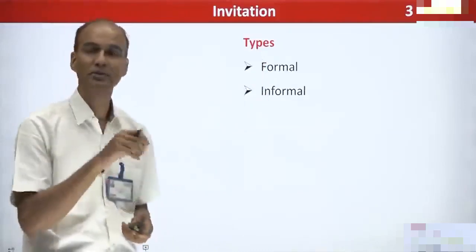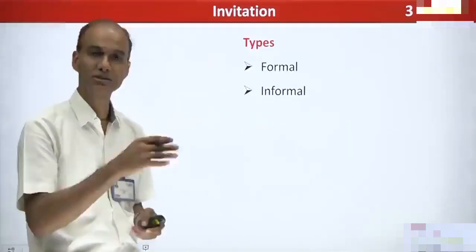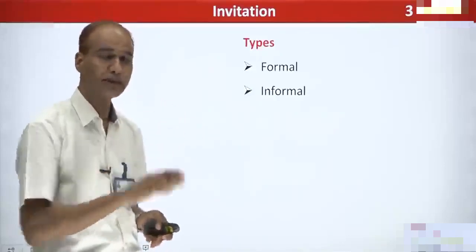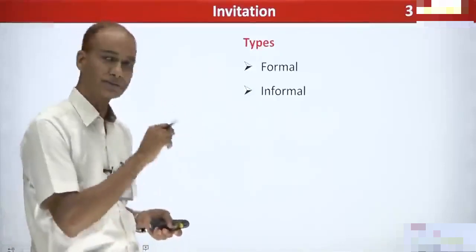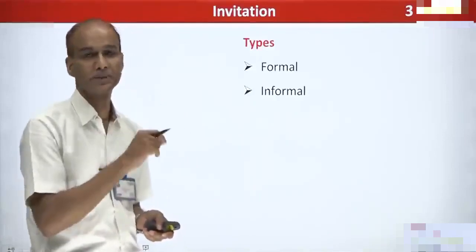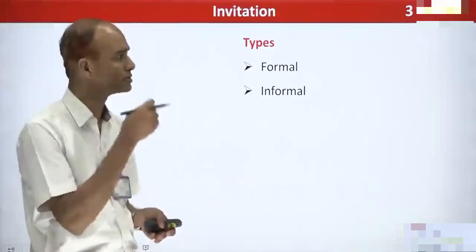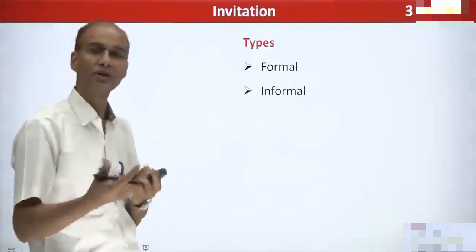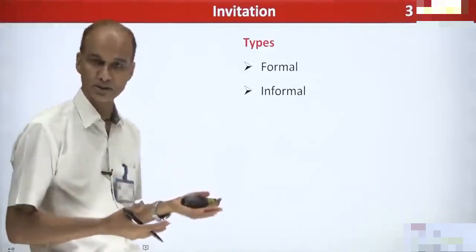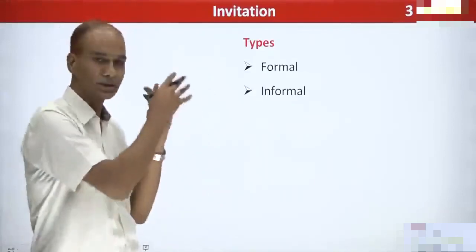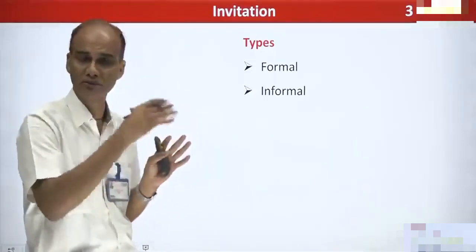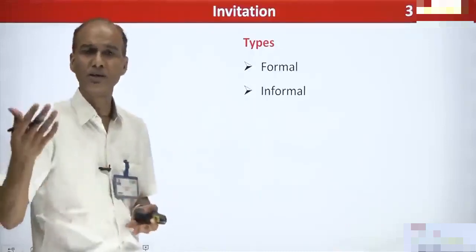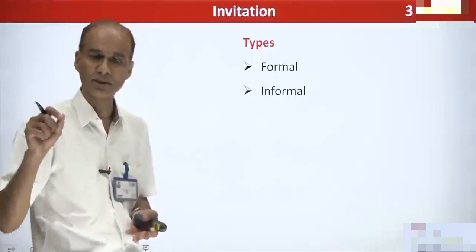I'm not discussing the allocation of marks because it is the same as I discussed in notice writing, and that will be followed. I didn't discuss content and expression in detail because that's no use. The limit is only 50 words. So before you think of all that, the notice or invitation is over. Moreover, the lines and sentences are all fixed, and we don't have to think of any language or what to write.